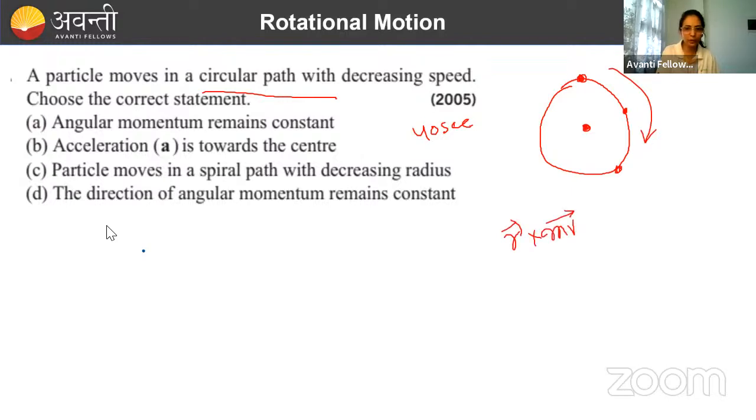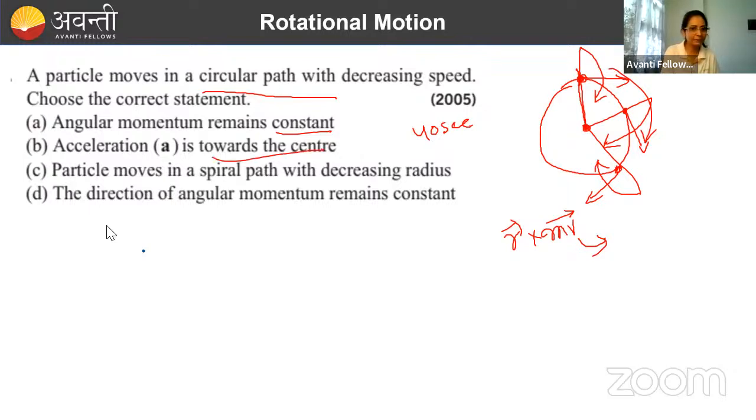Here R, and its velocity will be in this sense, so R cross MV. Everywhere the direction is clockwise. Angular momentum remains constant? Not, because the value of V is changing. Angular momentum won't remain constant.